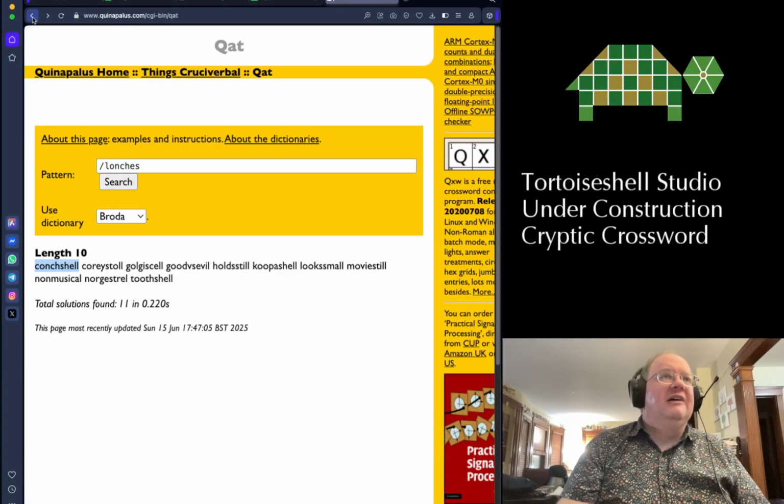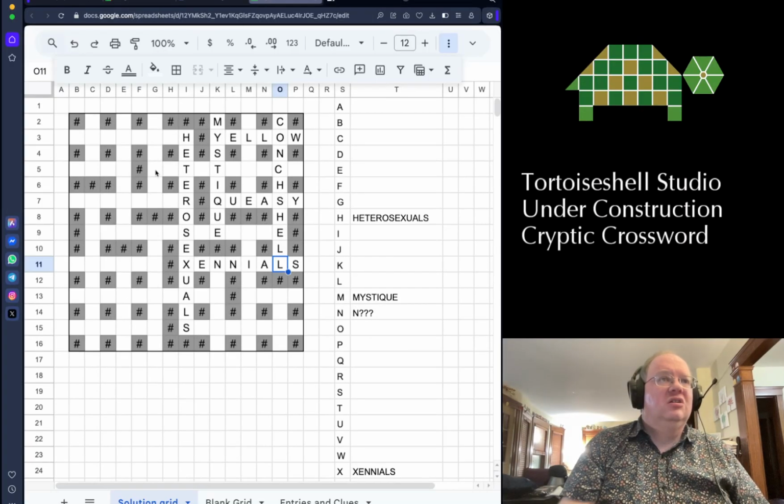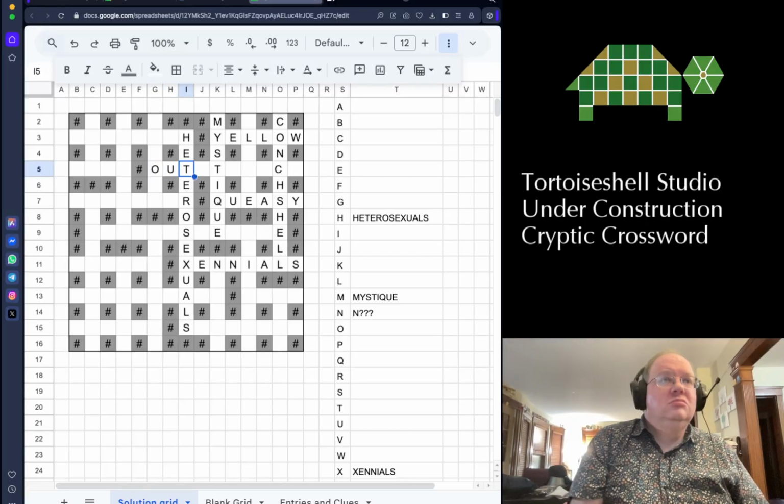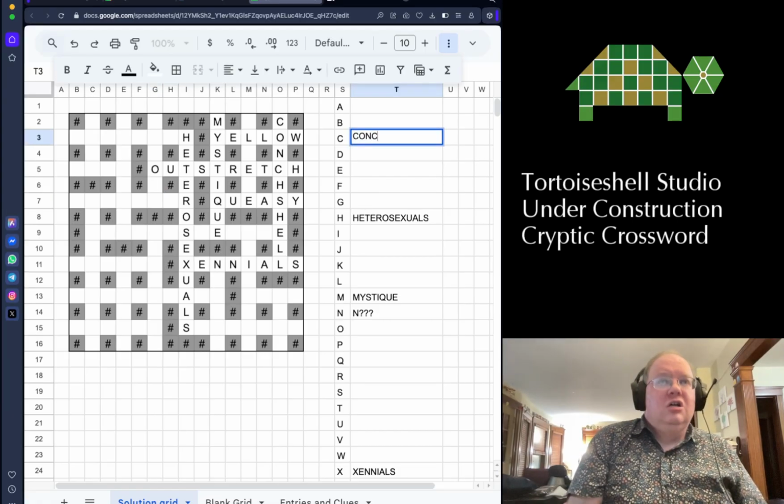So what did I have back there for the outstretch? So, conch shell, conch.